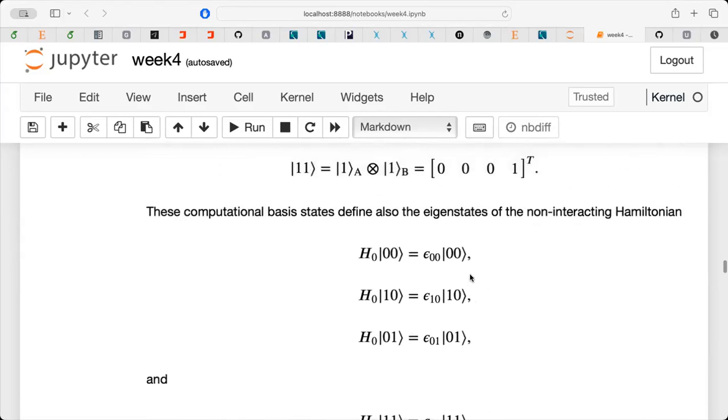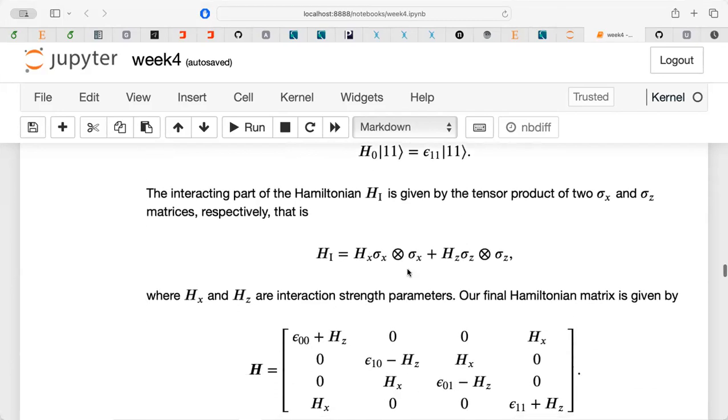And looking at the known part, with this constant being 0, we know that if E00 is the lowest lying energy, then the lowest lying state should be the state 00. This is not an entangled state, and we know exactly that qubit 0, or subsystem A, is in state 0 and subsystem B is in state 0.